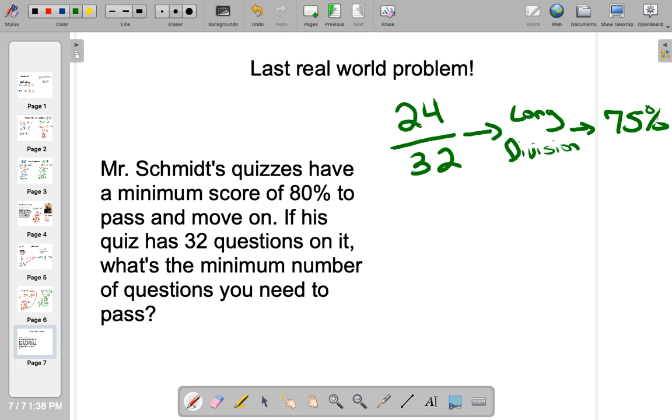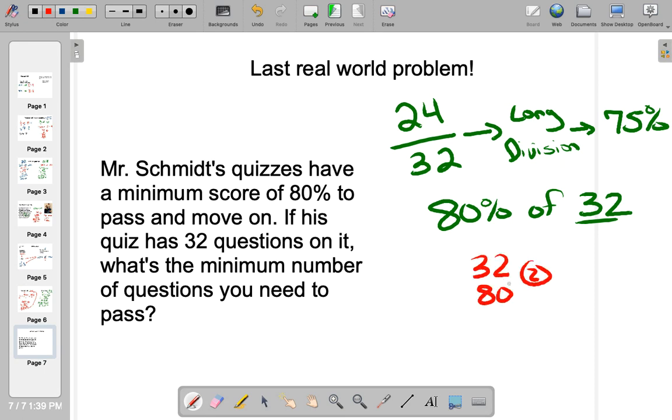But now that we know that percent of means multiply, I can just do 80% of my number of questions, which in this case is 32. So again, 32 times 80 hundredths, 2 digits behind the decimal point, and I multiply, and I'm going to get a decimal here.